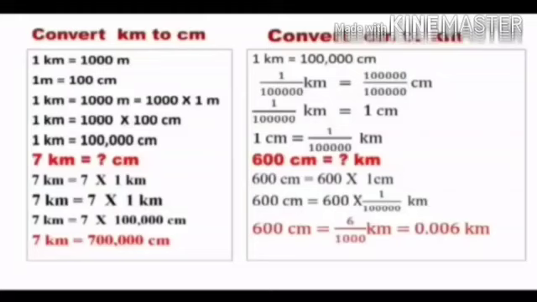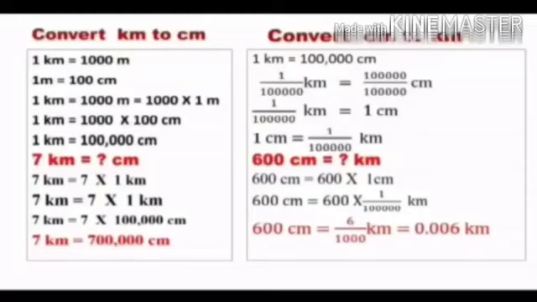Let us take an example here. Convert 600 centimeter, how many kilometer? We can write 600 centimeter as 600 times 1 centimeter. In the place of 1 centimeter, we can write 1 over 100,000 kilometer.